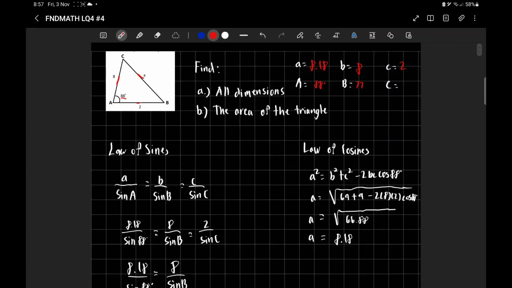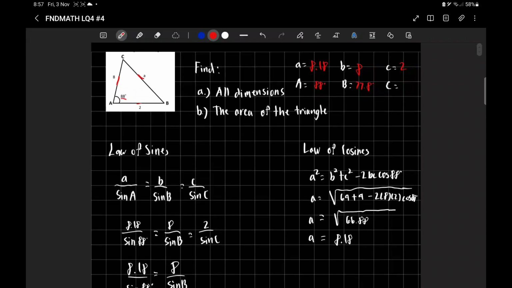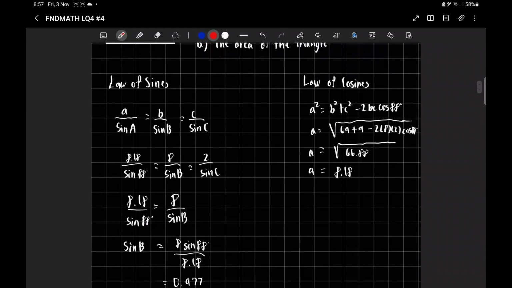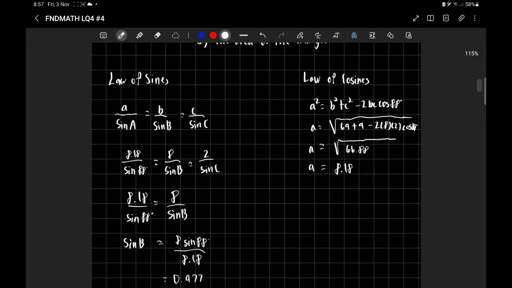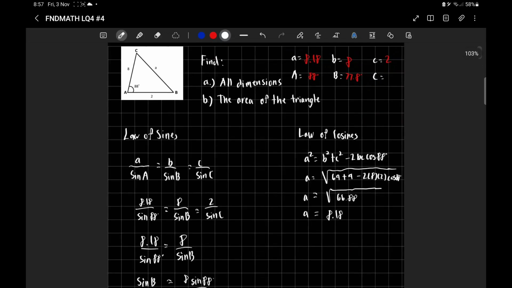So 77.8 degrees. Now for C, it's a little bit easier, because we know that the sum of the angles of a triangle must be equal to 180 degrees.